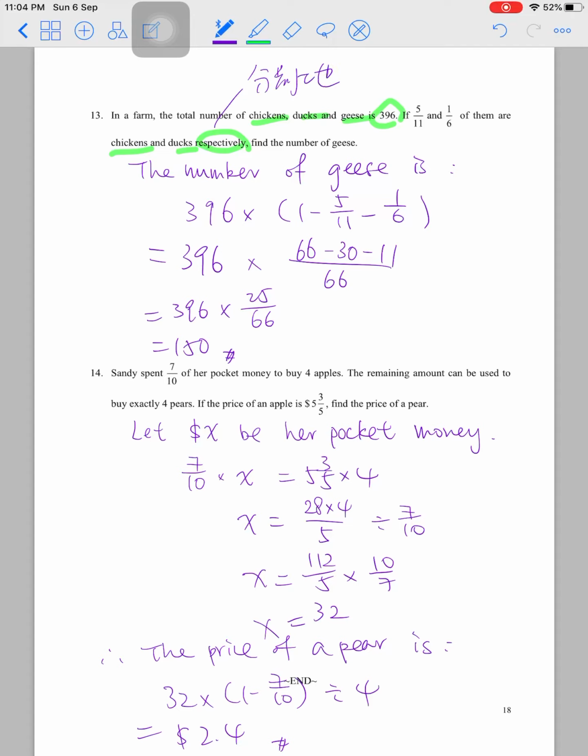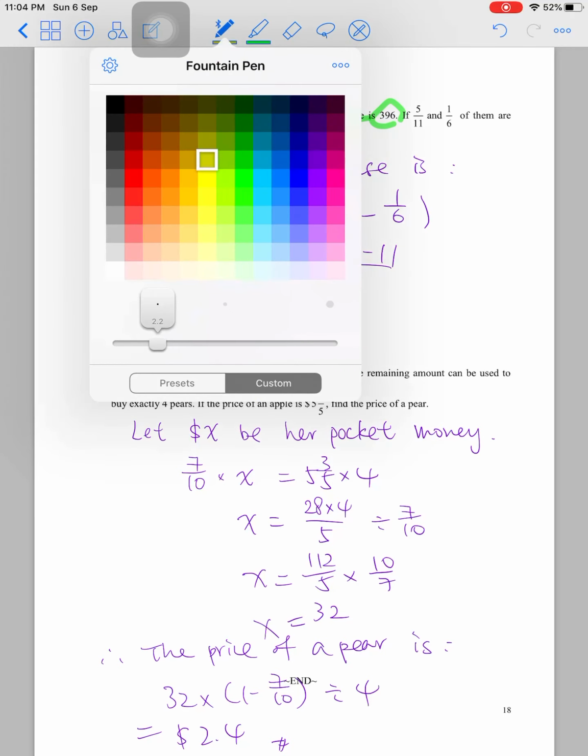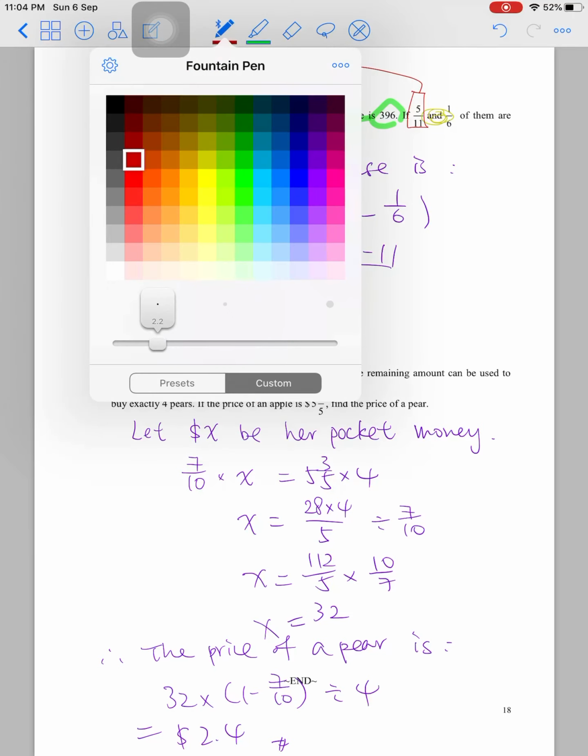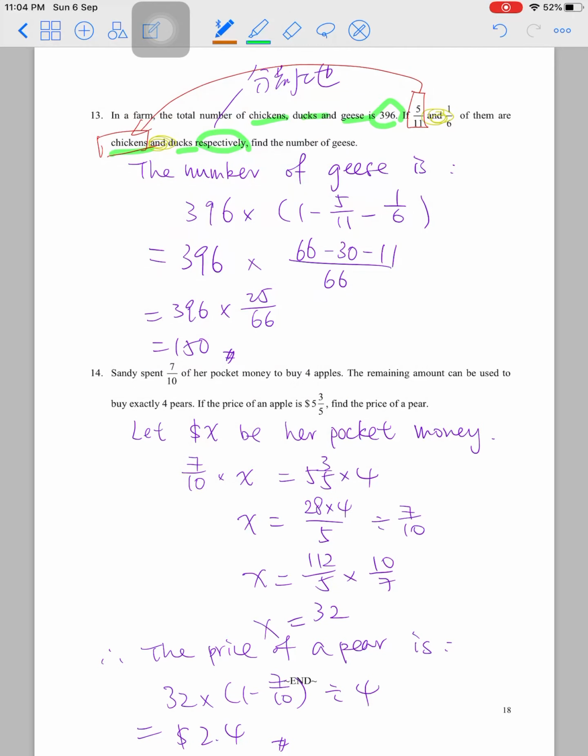That means you see two words and here, and the first one should match the first one. So 5 over 11 should match chicken. The number followed by the word matches the thing followed by the word, so the duck is 1 over 6.